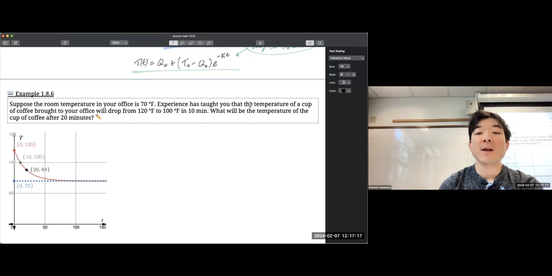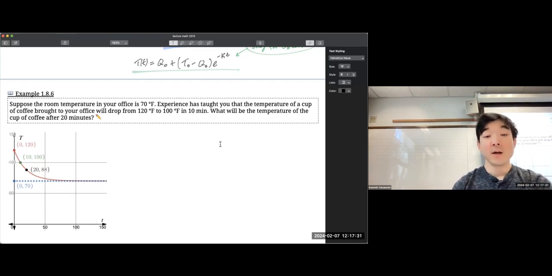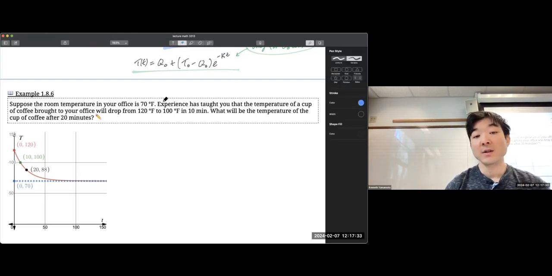Experience has taught you that the temperature of the cup of coffee that you have in your office will drop from 120 degrees Fahrenheit to 100 degrees Fahrenheit in 10 minutes. What will be the temperature of the cup of coffee after 20 minutes? So here, we're just going to assume that your office, Q naught, the temperature of your office, is 70, and it's going to be constant.